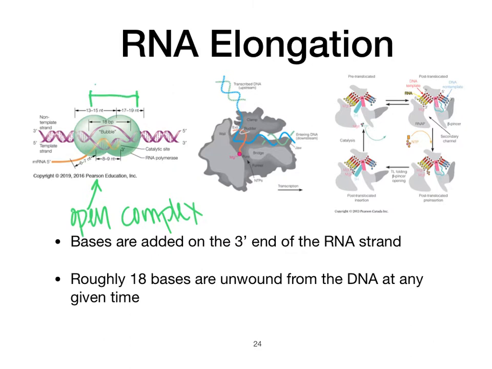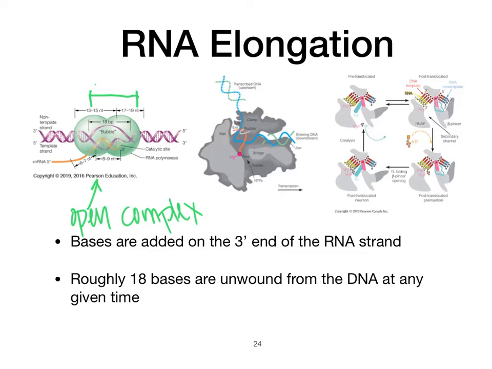And this is consistently open. As the RNA is created, as the complex moves down the DNA, the template is going to turn back into double-stranded DNA. It is unwound, copied, and then rewound. At no point other than during the open complex are DNA bases exposed to the environment.